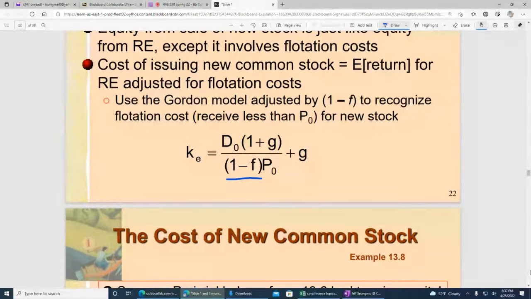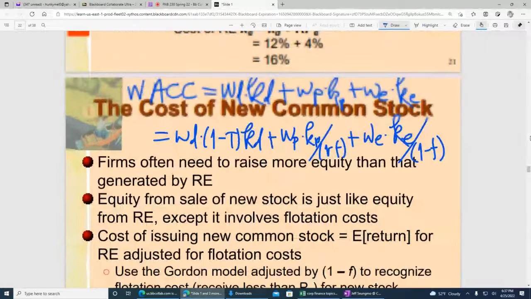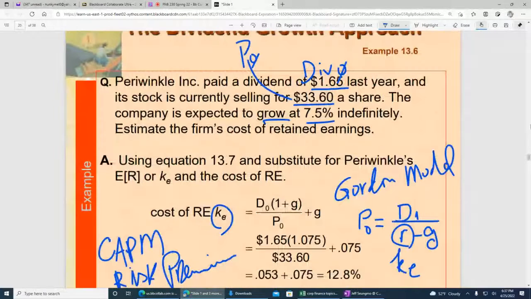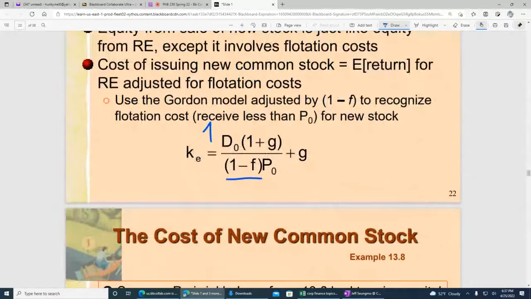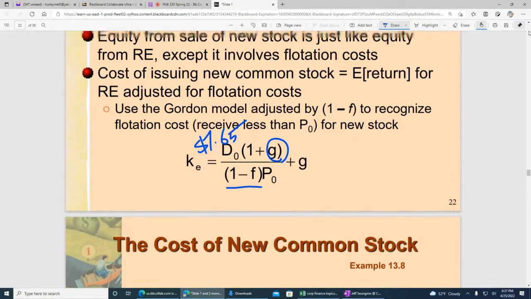So D0 was $1.65, wasn't it? $1.65. My handwriting. And the growth rate was 7.5%, wasn't it?